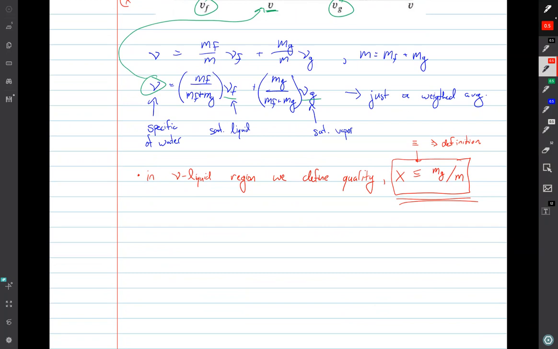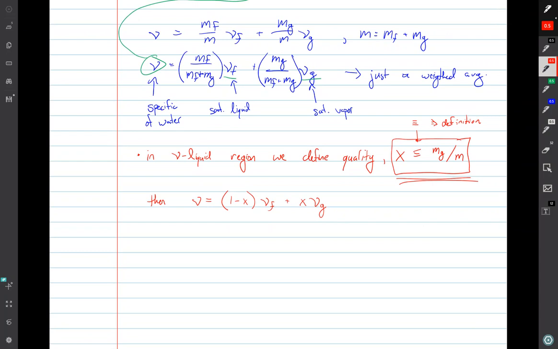So if we define quality this way, then our specific volume, our weighted average, where this is the mass fraction of our liquid, so that's just 1 minus x, times VF plus x VG.